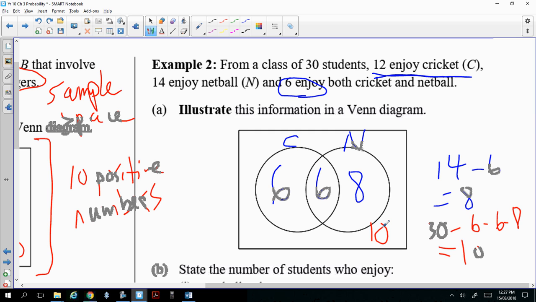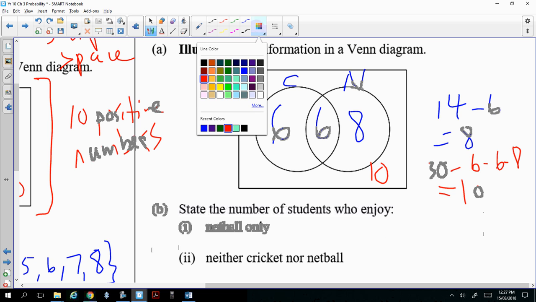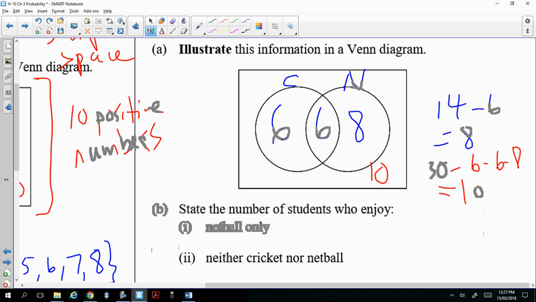The question is, state the number of students who enjoy netball only. The symbol for that is n, meaning number of elements. The number of elements in N only will be 8, right? Netball only. And the number of elements in neither cricket, so not in cricket, C prime, nor in netball.